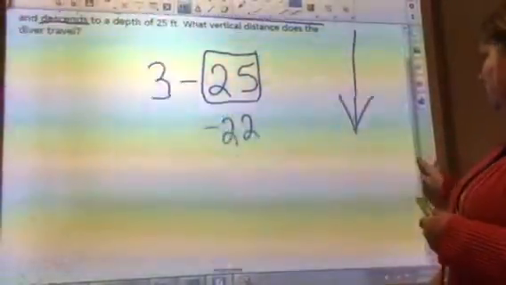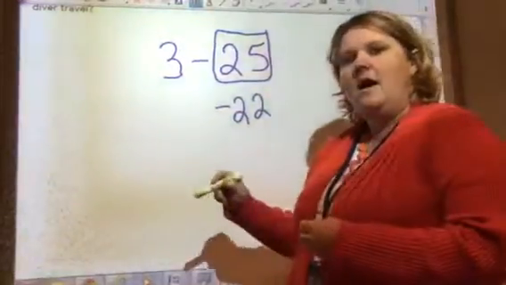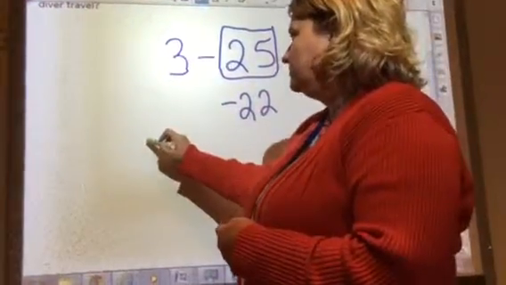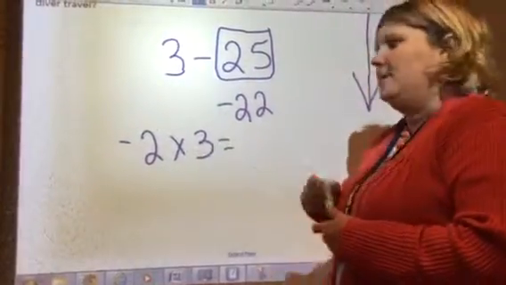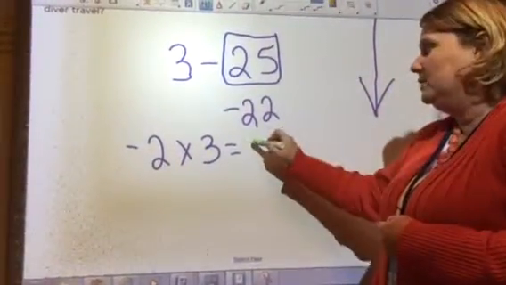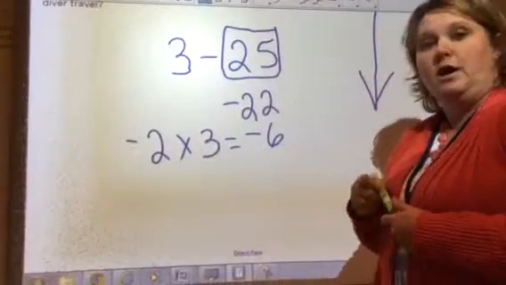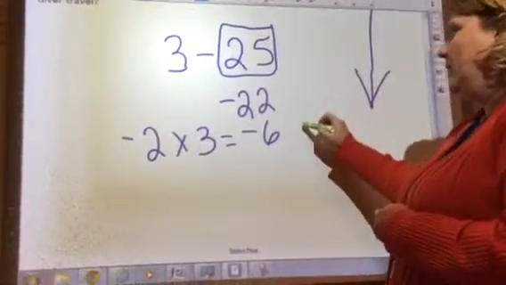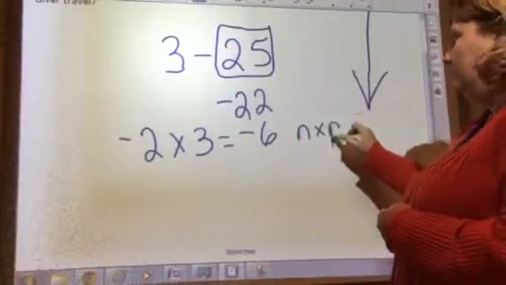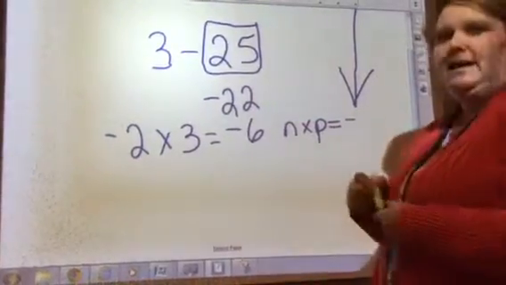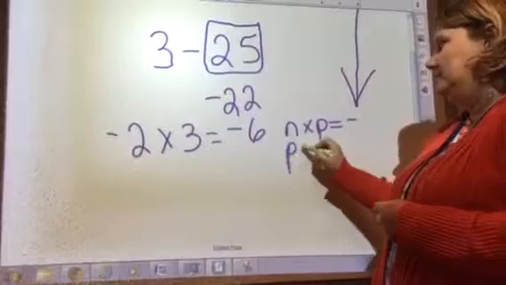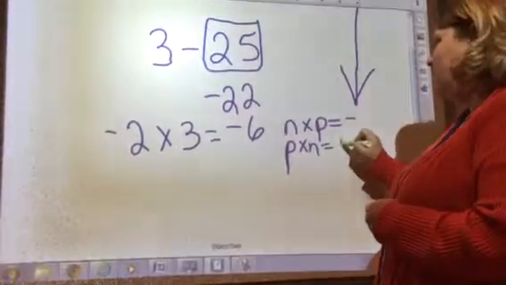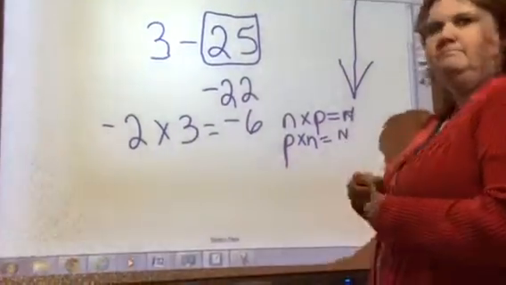So let's review very quickly our rules for multiplication. If I have a negative number times a positive number, I am always going to end up with a negative product, a negative answer. So a negative times a positive equals a negative. With our commutative property, we know if I have a positive times a negative, that also is going to equal a negative.